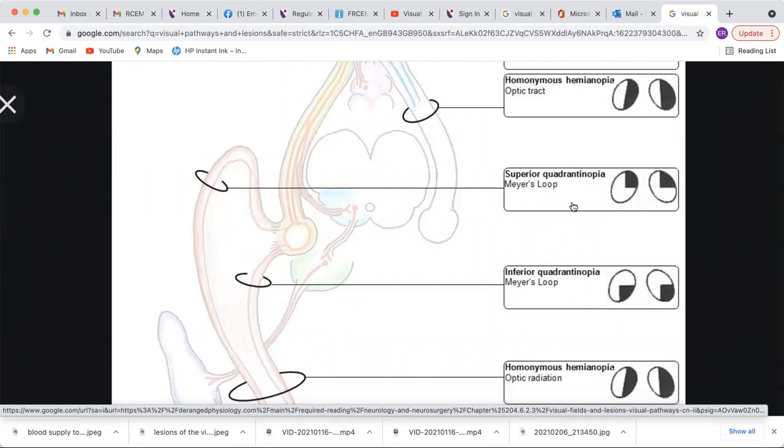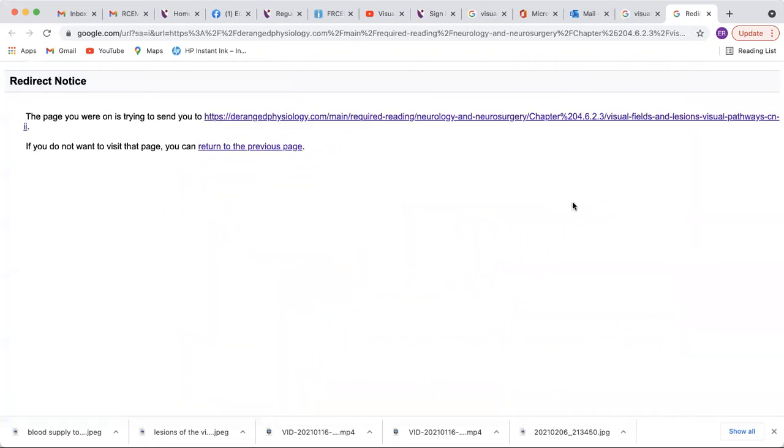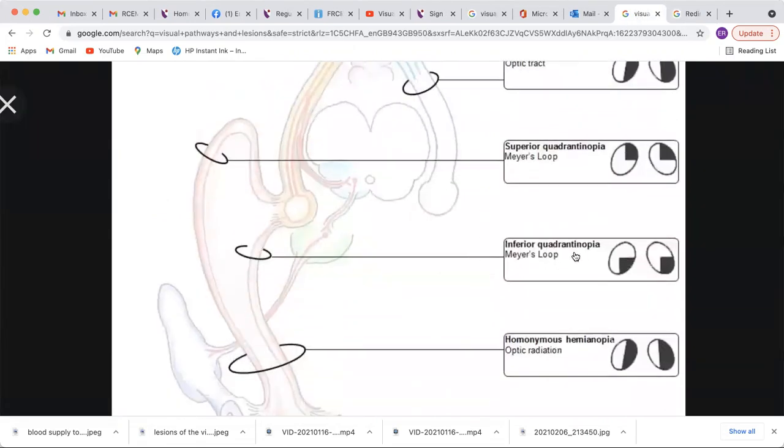Both of these cause quadrantanopia, so it's not actually hemianopia.